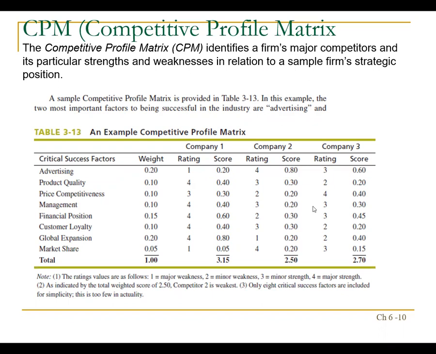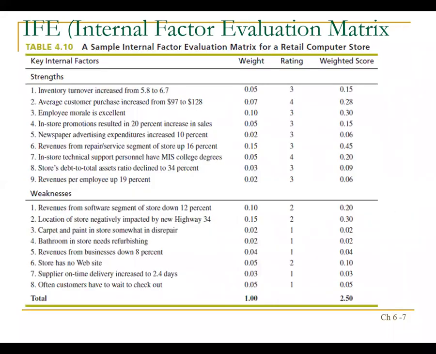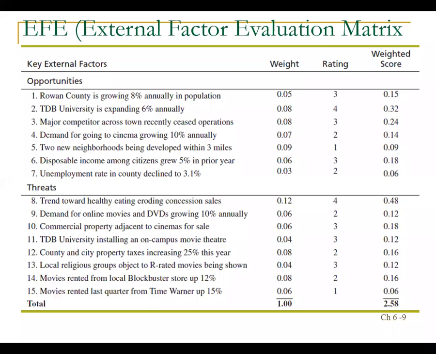Here you can see that we have done this external factor evaluation matrix, and that was the internal factor evaluation matrix. In the internal factor evaluation matrix, the score is 2.5, and in the external factor evaluation matrix, the grand score is 2.58.